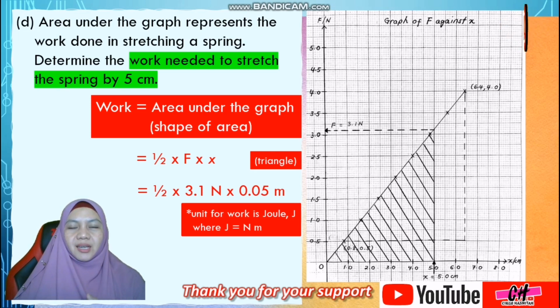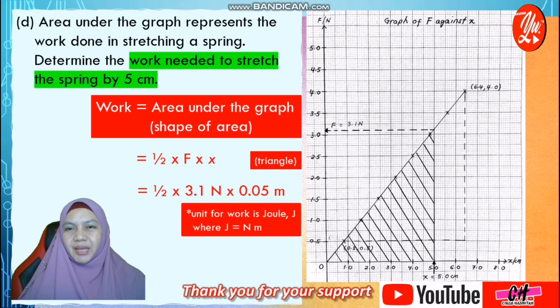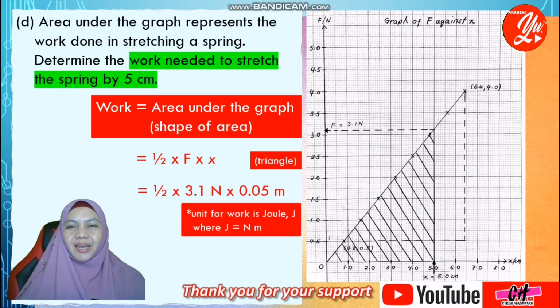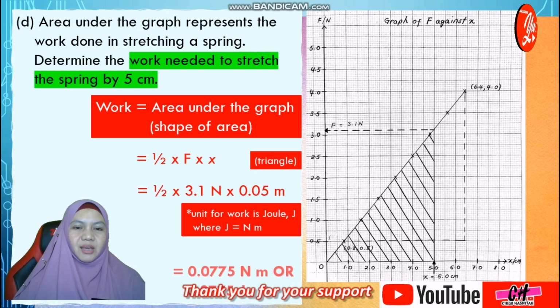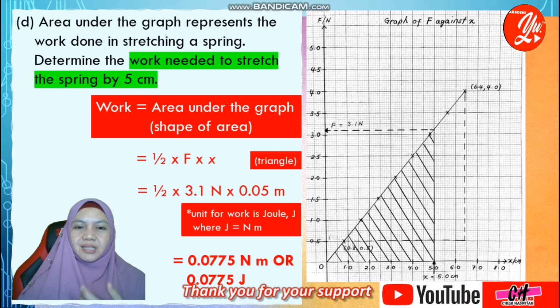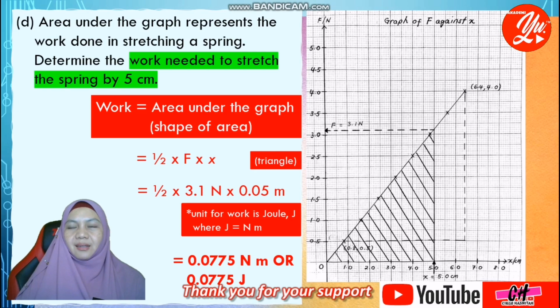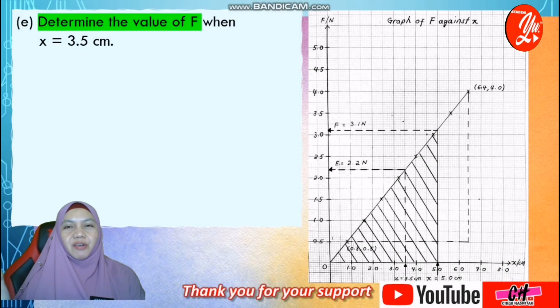Because the unit for work is joule, which is also equal to Newton meter. So that's why we convert the extension from centimeter into meter. And this will give you the work done of 0.0775 Newton meter, or also equal to 0.0775 joule.